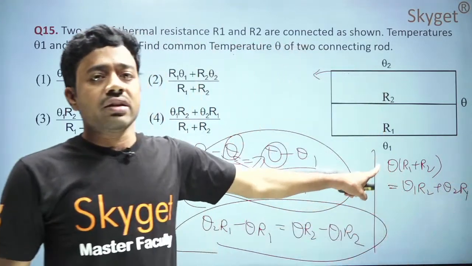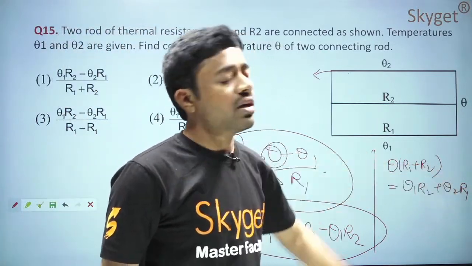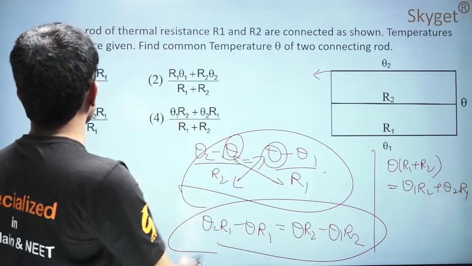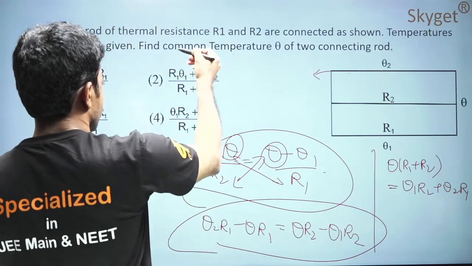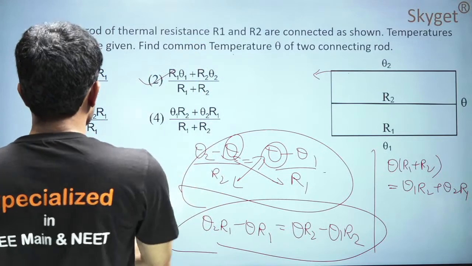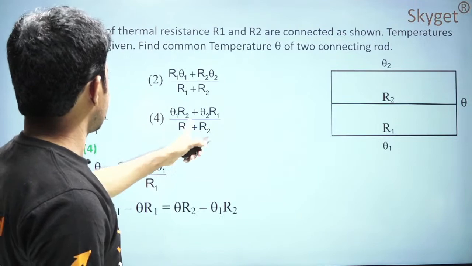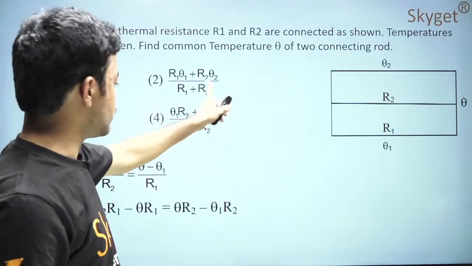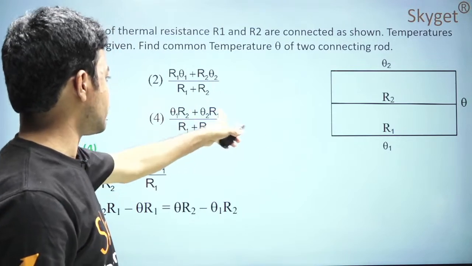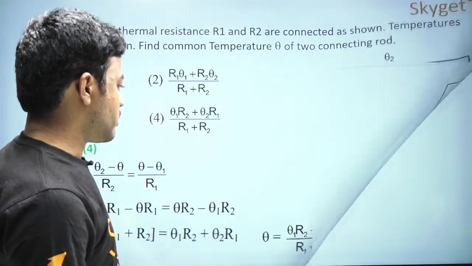From this you can write the value of the common temperature theta to be theta1 R2 plus theta2 R1 by R1 plus R2. Sorry, it is not option 2, it is option 4, where it is theta1 R2 plus theta2 R1 by R1 plus R2. That is what we got.